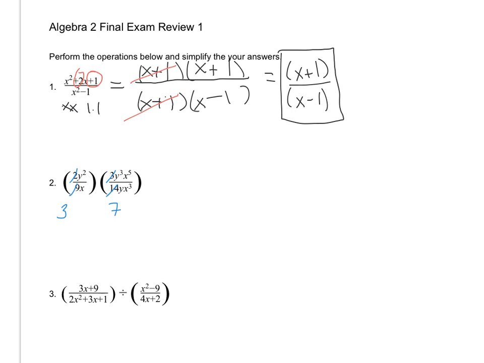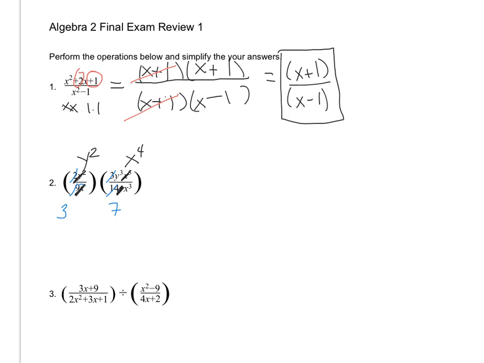Now let's see what else we can do. Anything on the top and bottom can cancel. So let's see. I have an x here and 5x to the 5th up here, so I can cross this out and leave me with x to the 4th. Similarly, I have a y here on the bottom, so I can cross that one out with the two y's up here and leave me with y squared.